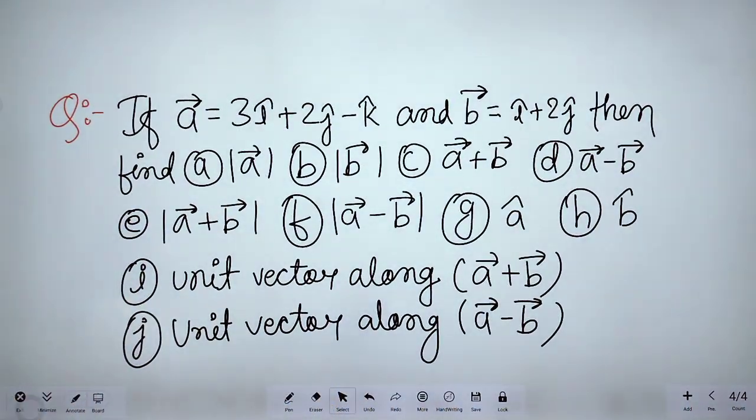This question says that A vector is equal to 3i cap plus 2j cap minus k cap, and B vector is equal to i cap plus 2j cap.